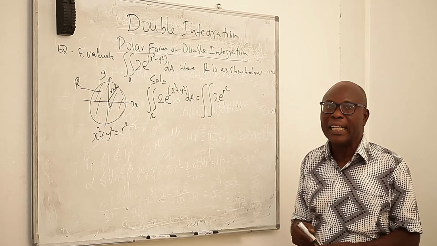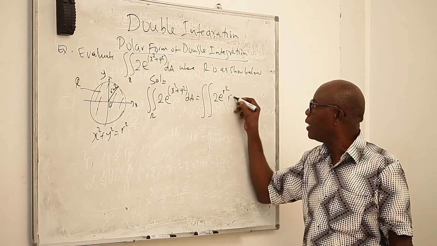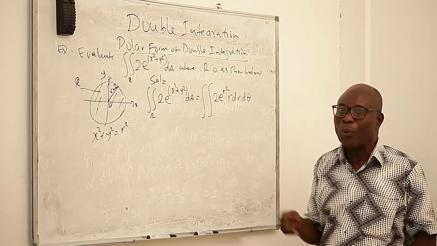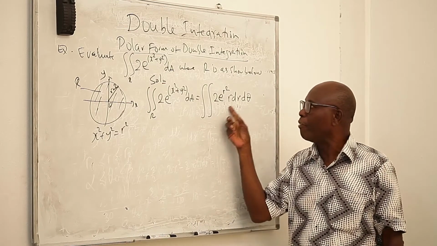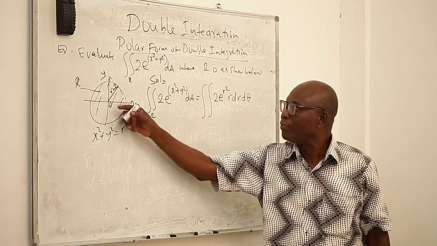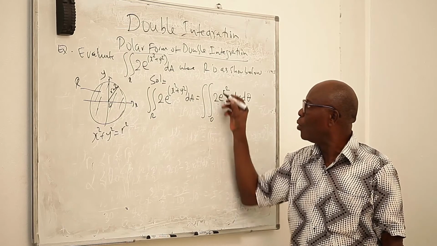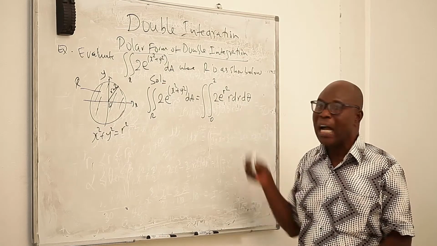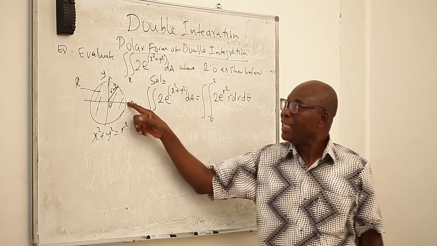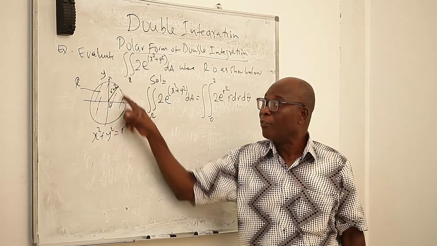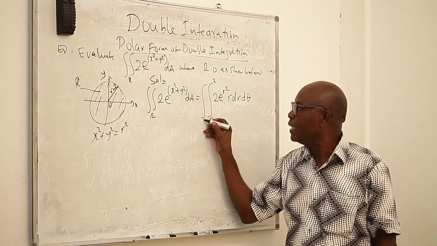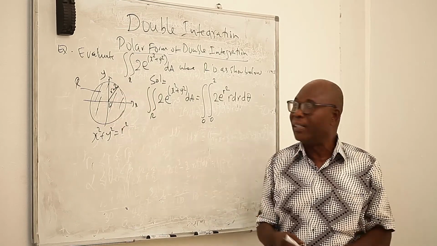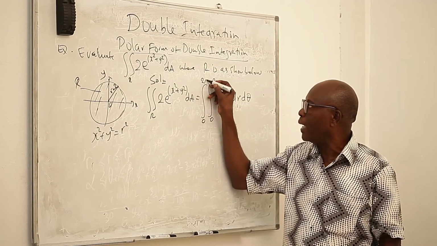Now we learned that dA is r dr d theta. Working along r first, the radius is from the origin 0 to 2, and then for the angle, you see that this is a full circle. So the lower limit is 0, and we've gone around a full circle, which is 360 degrees, equivalent to 2 pi.